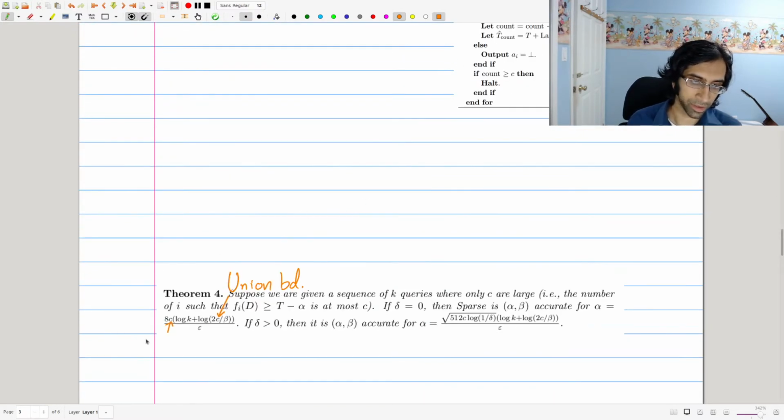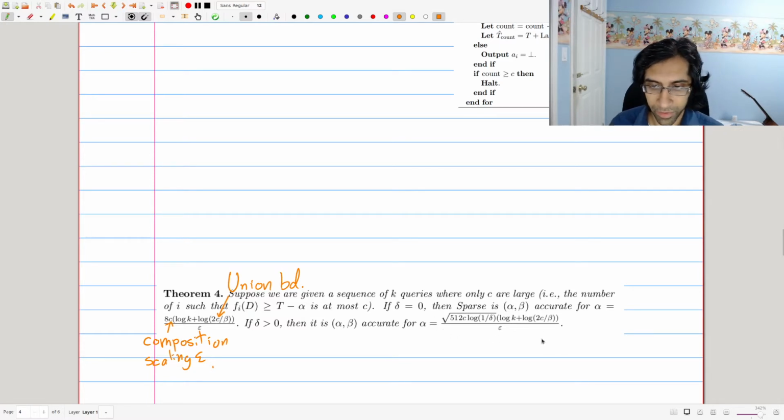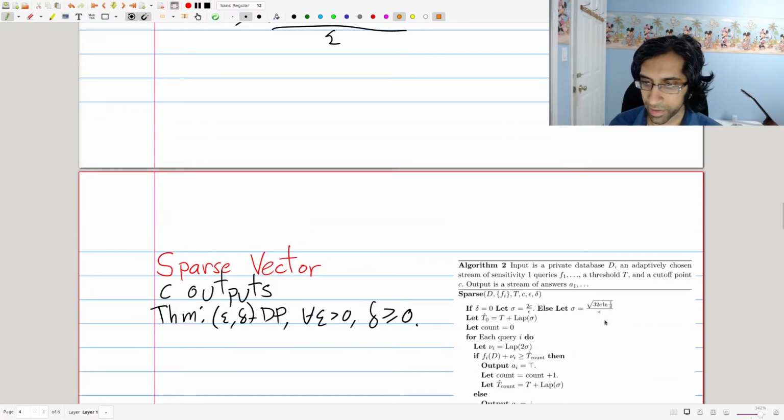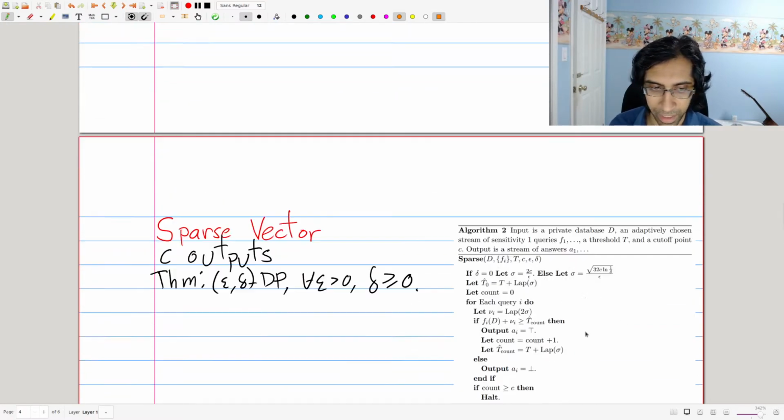So this is due to union bound, and this is due to composition and scaling on epsilon. And similarly, if you do the same type of reasoning, the union bound is the exact same in the approx DP case, but here you just scale epsilon by a different factor for the approx DP guarantee.